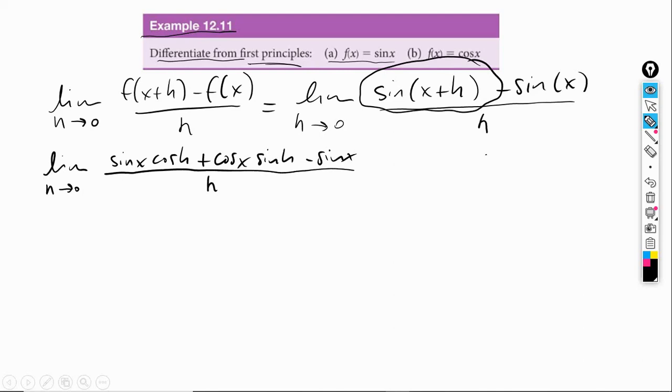Okay, so the next question is now what? Remember that previously we saw a couple of limits that I said were very important. Those were the following: the limit as x approaches 0 of sine of x over x, which equals 1.